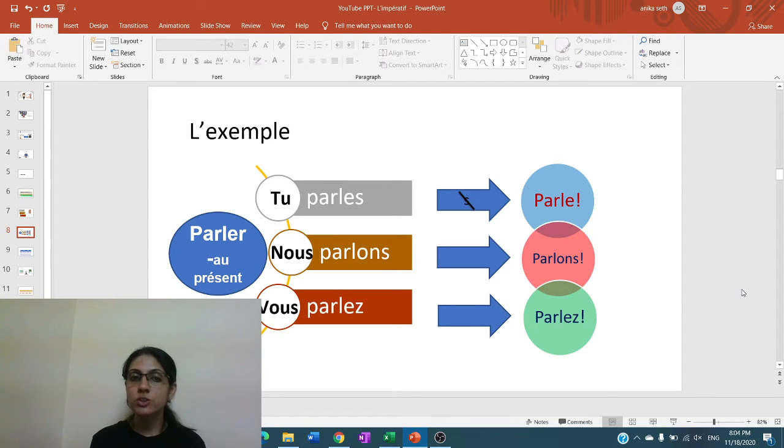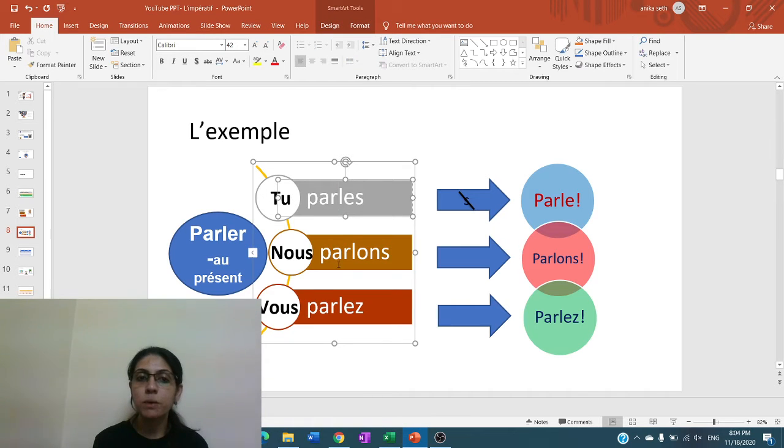So with tu, the conjugation of the verb is parles, P-A-R-L-E-S, the present tense conjugation of an ER verb. With nous, it is parlons. And with vous, it is parlez. Parles, parlons, parlez with the subject pronoun, because this is just that we are conjugating the verb in the present tense. Tu parles, nous parlons, vous parlez.